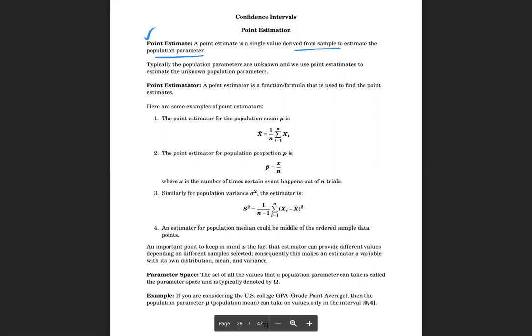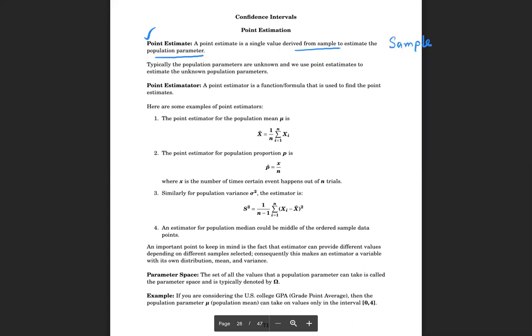So remember, in statistics, we are collecting data or sampling from the population, and we study or analyze the sample to make reasonable conclusions about the population. So basically, you go from sample statistic.